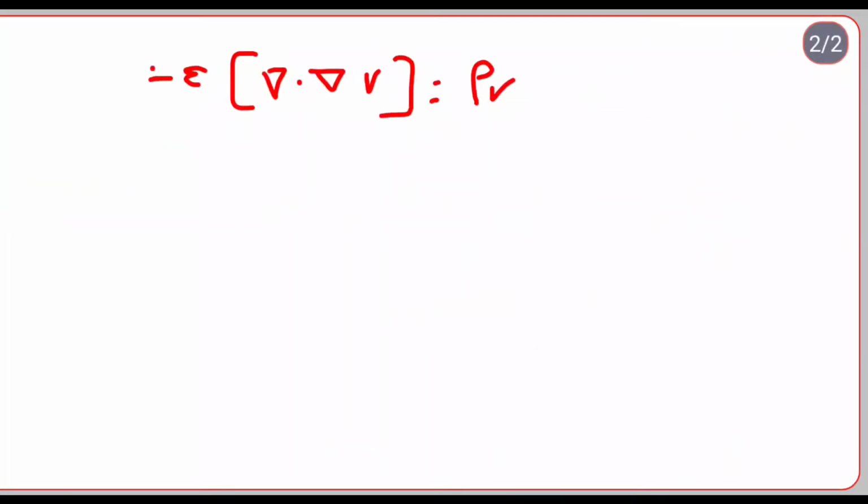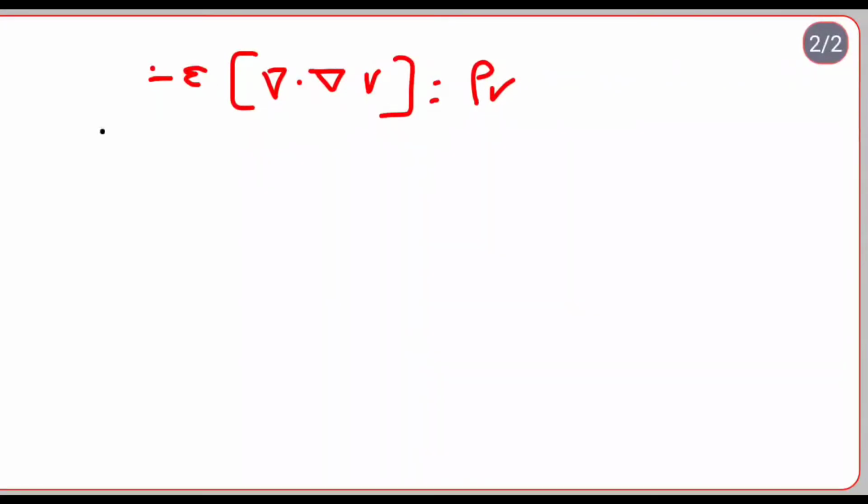The equation 5 we have written is minus epsilon del dot del V equal to rho V. Now you can see the simple expression for Poisson's equation.